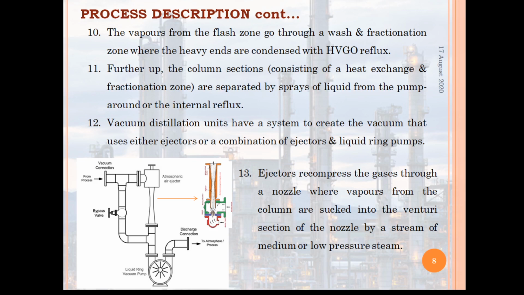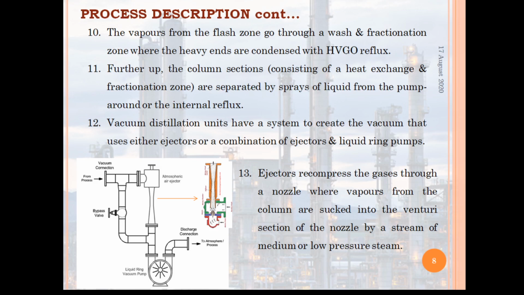So inside this vacuum column, as we have mentioned, there are zones consisting of heat exchange and the fractionation zone, which are separated by sprays of the liquids from the pump around or the internal reflux. So these zones are separated by spraying the liquids by that pump around reflux.